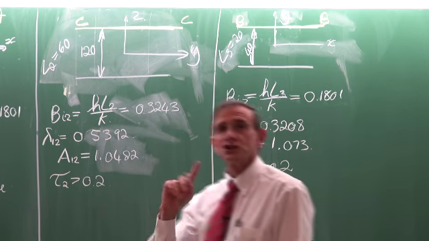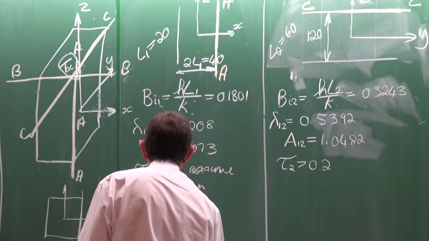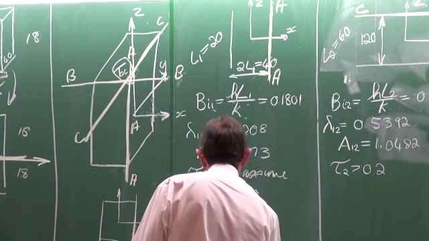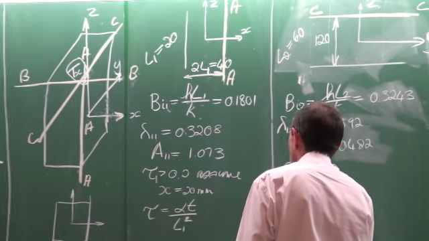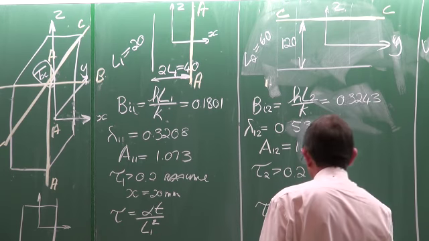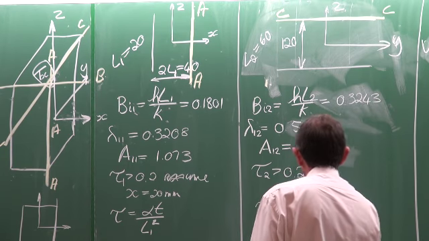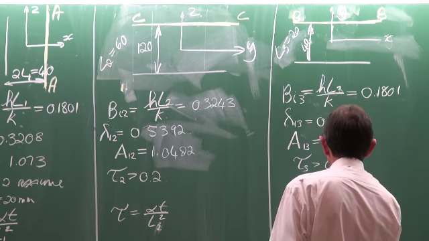Now if we look at tau, tau is equal to alpha t divided by L1 squared. This tau is equal to alpha t again, but now L2 squared. And this one would be equal to alpha t divided by L3 squared.